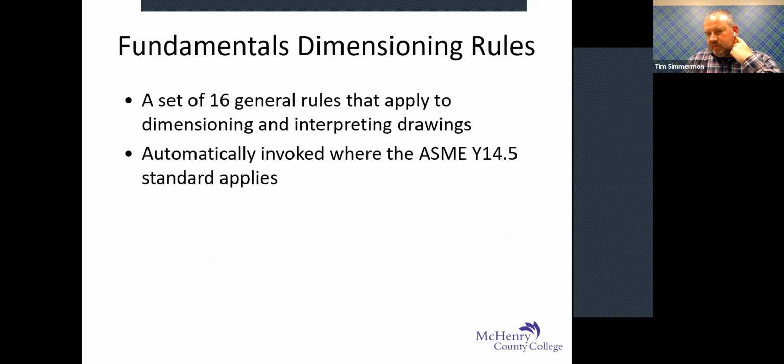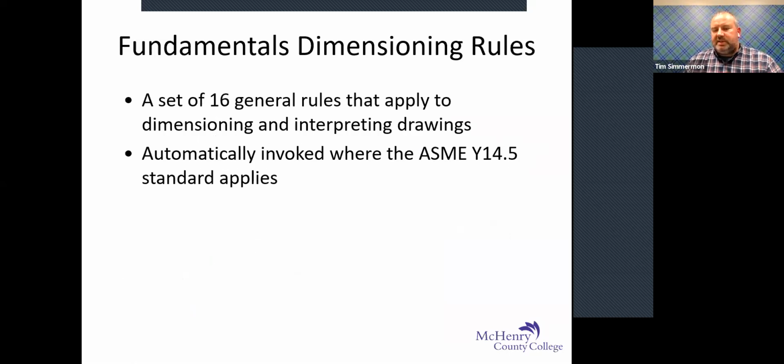So believe it or not, with GD&T, there is actually a set of dimensioning rules. There's 16 of them, and they're automatically invoked when ASME Y14.5 is applied on the print. So you guys probably learned about ASME Y14.5 a little bit in your blueprint reading class.